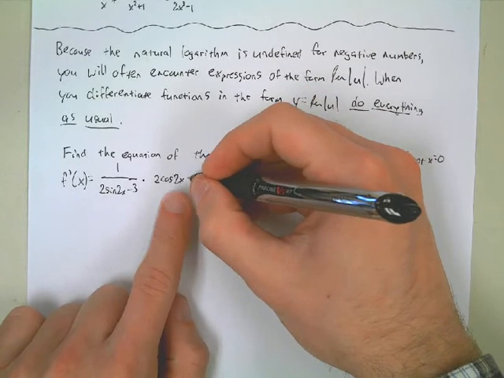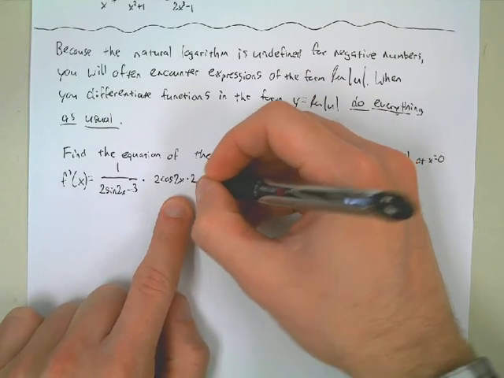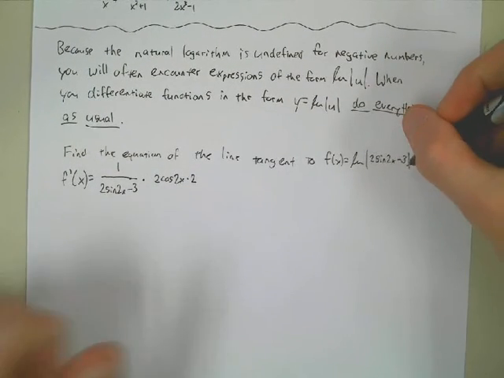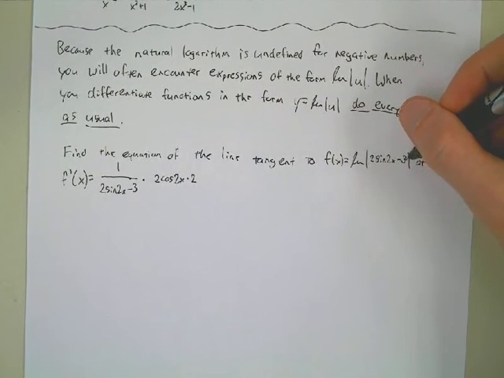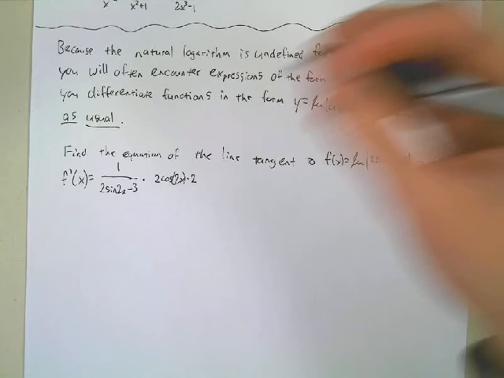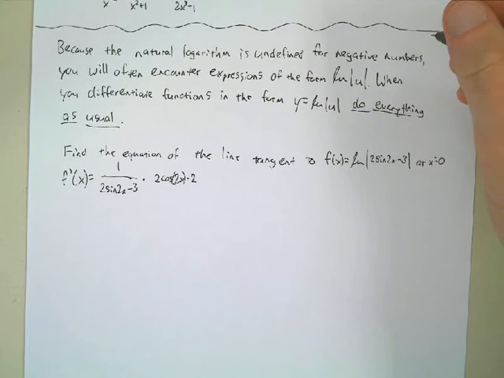Wait, why don't you put the minus 3 in the cosine? Because when you take the derivative of 2 sine 2x, it's 2 cosine 2x, and the minus 3 goes away.